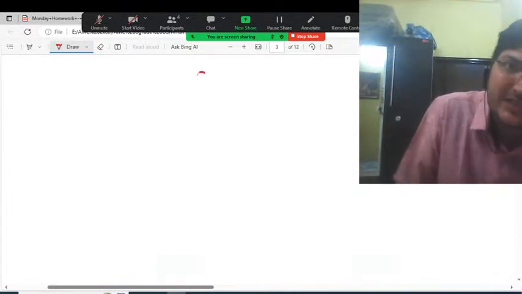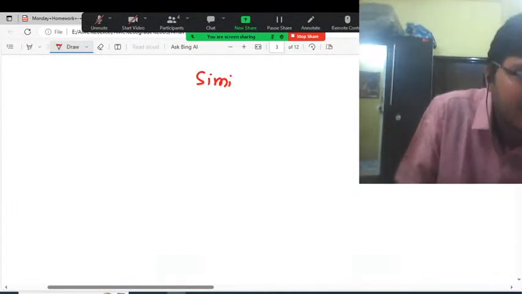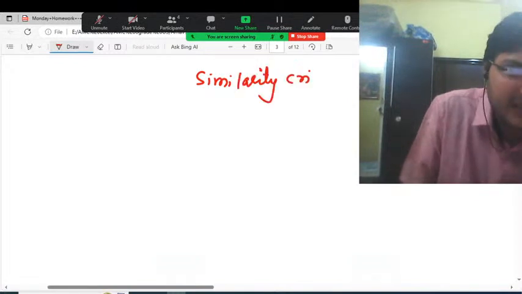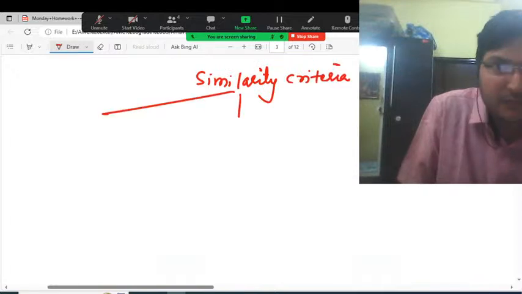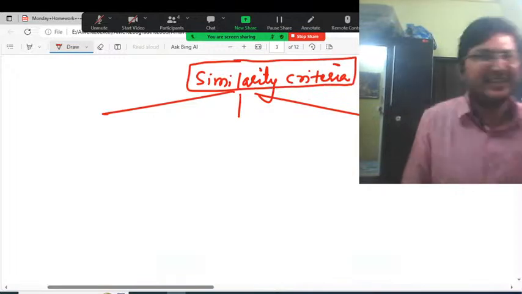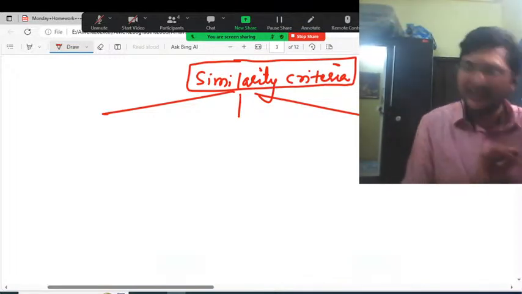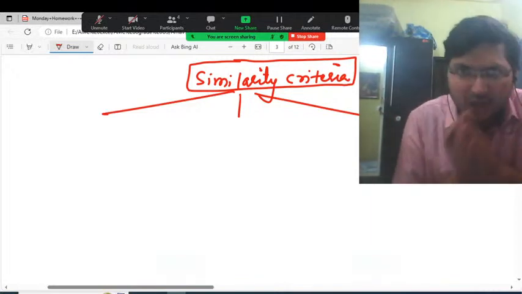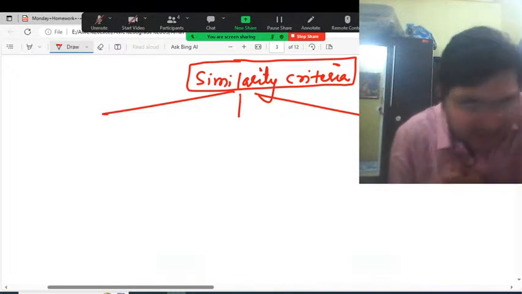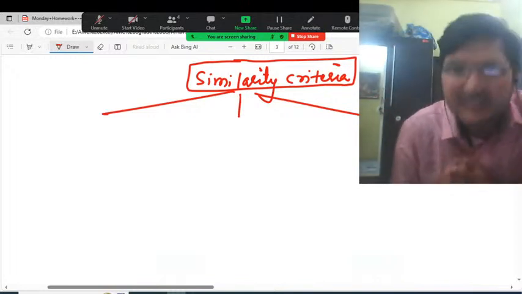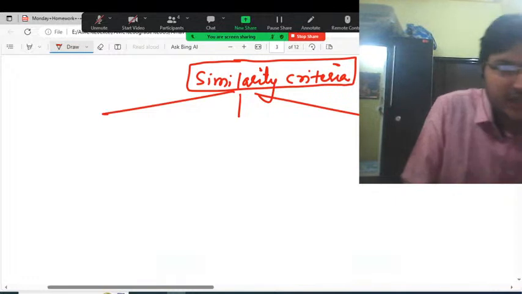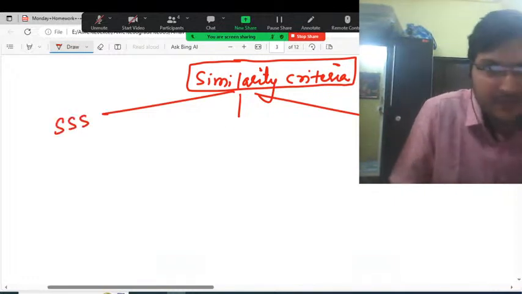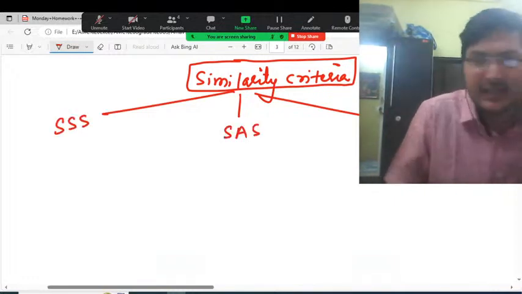Because we have some similarity criteria, and if we prove them following that similarity criteria, we can call them similar. We need not find all corresponding angles equal every time, all corresponding sides proportional every time. Those criteria are SSS, SAS and AA or AAA.